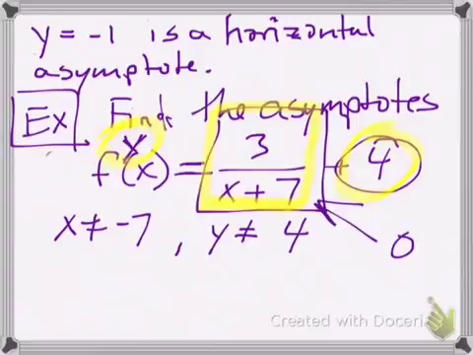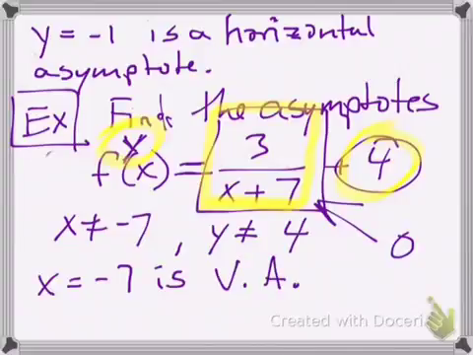The way we want to express our answers, though, what are we trying to identify? Asymptotes. X equals -7 is our vertical asymptote. And let's just use VA for this.